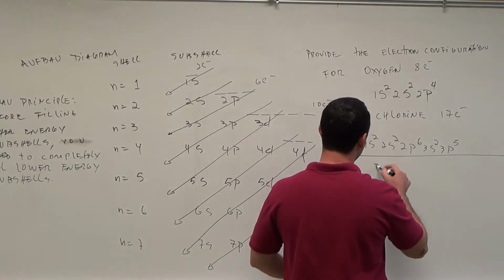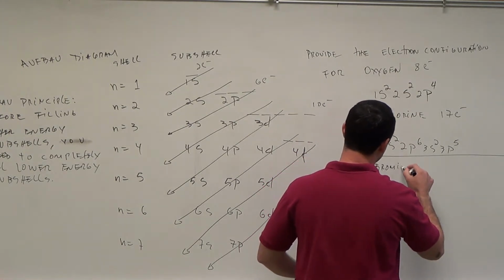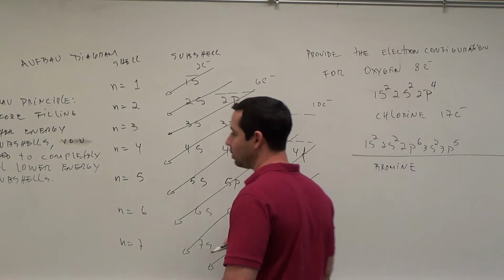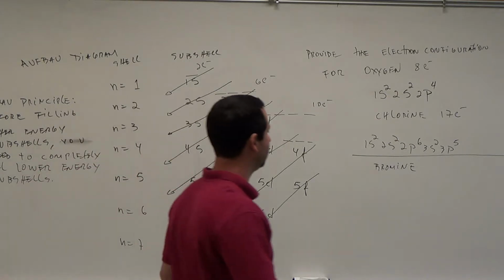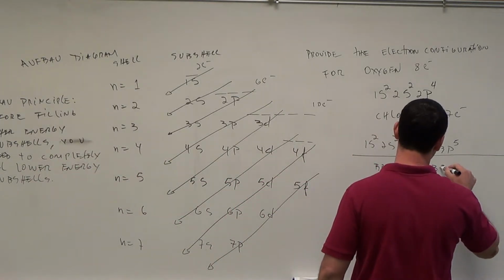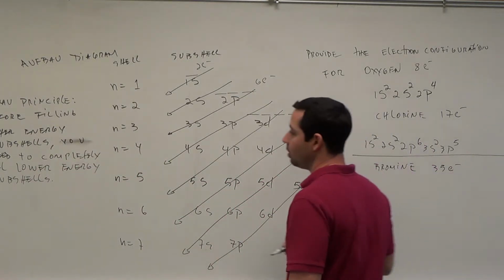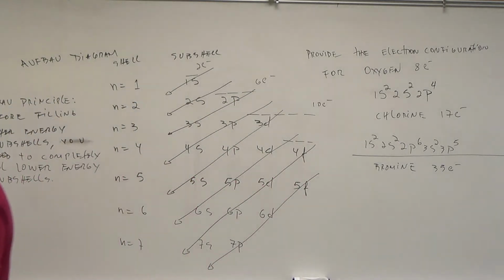Okay, why don't we do bromine, my friends? That's the last regular electron configuration we are going to do. How many does bromine have? 35. 35 electrons or protons? Both, because the element is neutral.